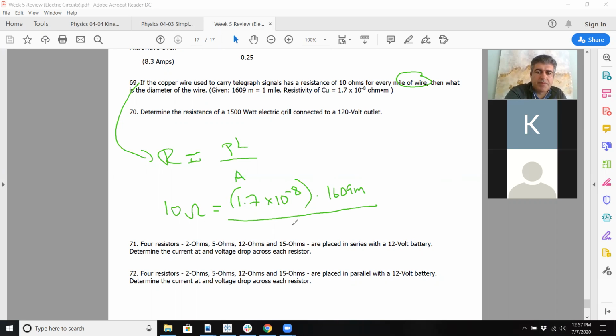And we want the area. So you solve for the area. Move things around, it should be 10 to the negative 6, and that's meters squared.